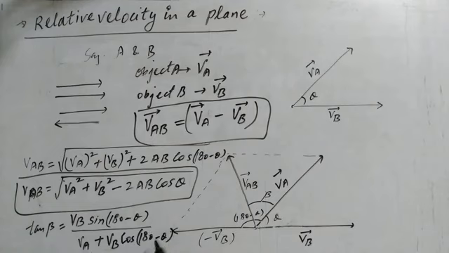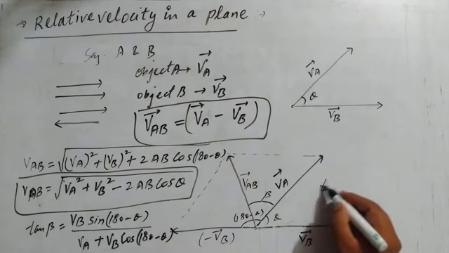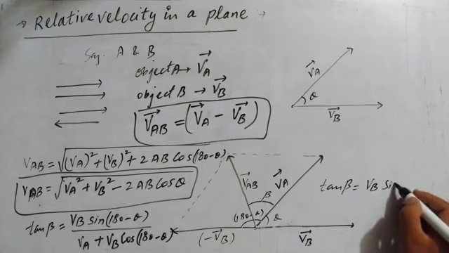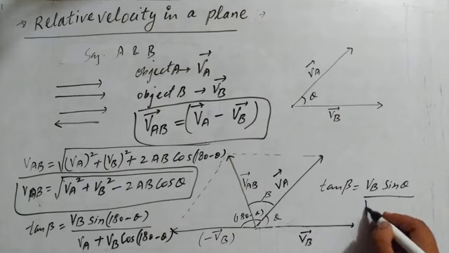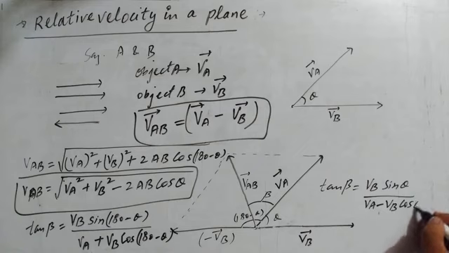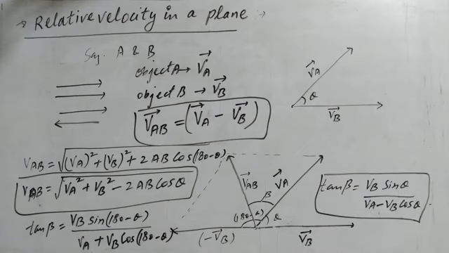So this becomes tan beta equal to VB sin theta upon VA plus, and cos of 180 minus theta is equal to minus cos theta. So this becomes VA minus VB cos theta. So by this method we can easily calculate the relative velocity of A with respect to B when the two objects are moving at an angle with each other, that is the relative velocity in a plane.